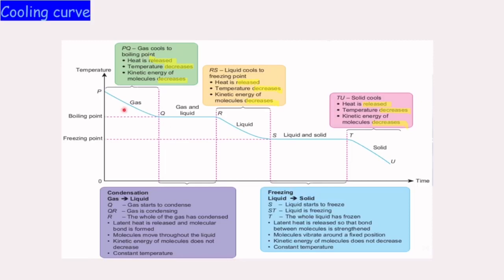Now we look at PQ. Gas cools to boiling point. Heat is released, temperature decreases, kinetic energy of molecules decreases.